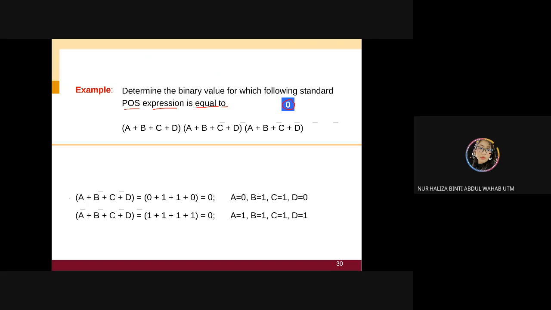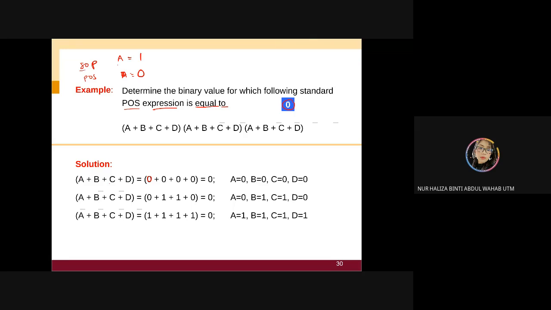Vice versa, you can see the POS expression is equal to 0. For this, let's say example number 1, your solution. If you have A, B, C, D, you're going to go vice versa with your SOP. Your A will be 0, your B will be 0, your C will be 0, your D will be 0. For your SOP, if A is equal to 1, for your POS, your A will be 0.